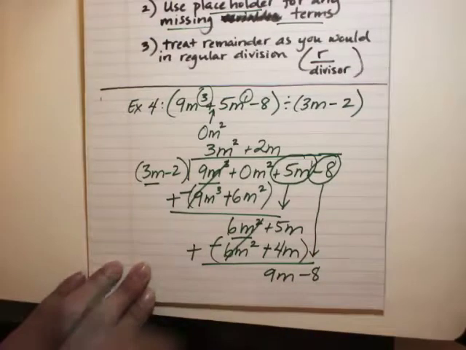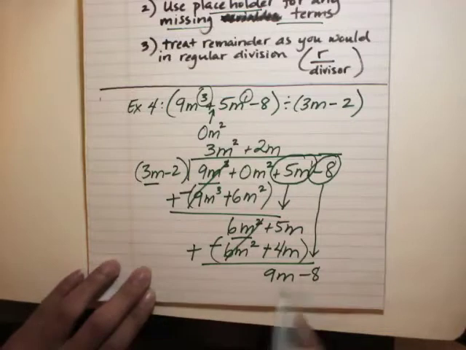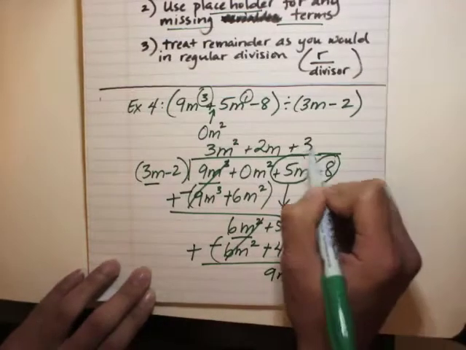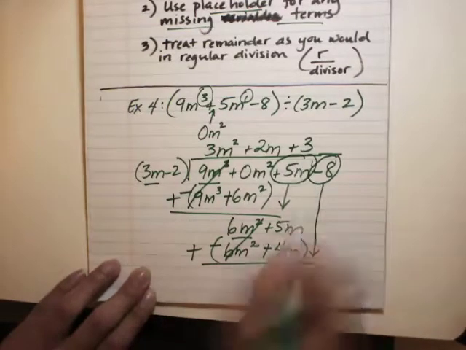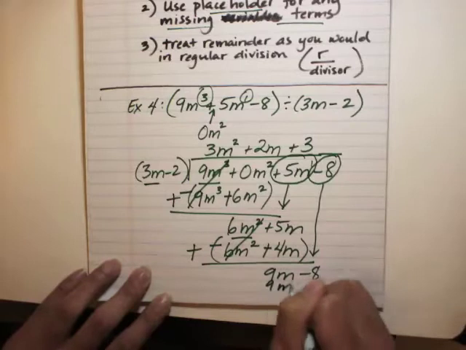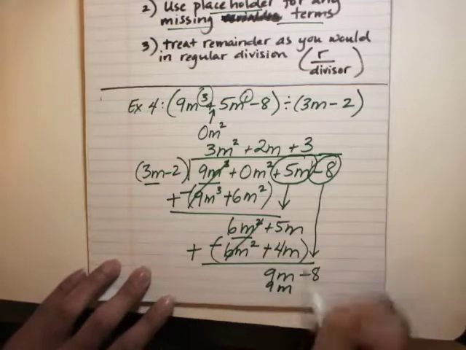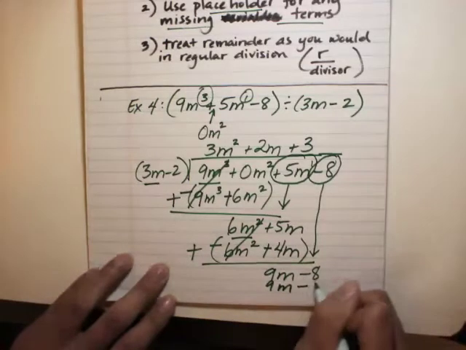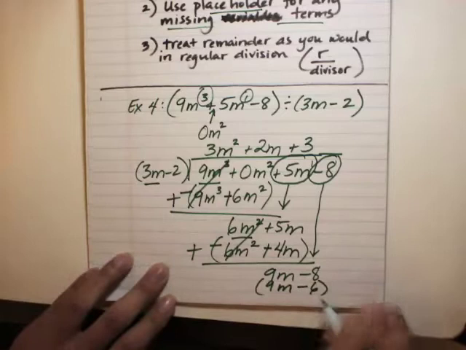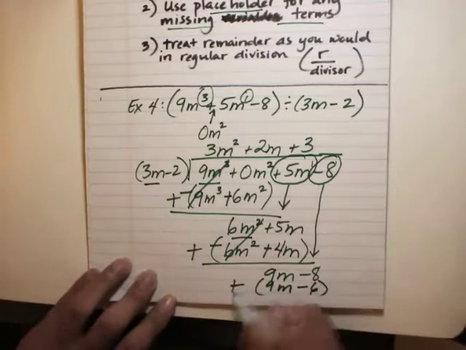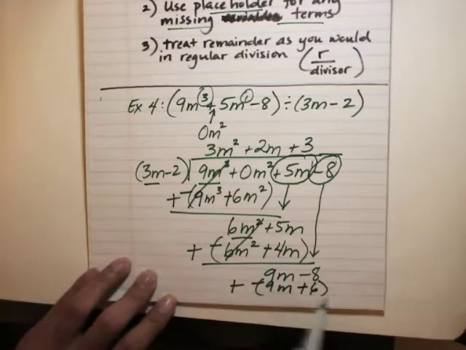Okay, and 3m and 9m, that looks like we only need to multiply by 3. 3 times 3m will give us our 9m. 3 times the negative 2 will give us a negative 6. Okay, again in parentheses, we're going to add the opposite. These will cancel out.